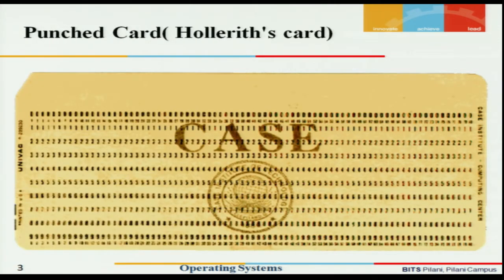Just to give you an idea of how a punch card used to look, this was a hard card, and this had 80 columns, numbered from 0 to 80, and it had 12 rows. So one could type 80 characters on a single card.